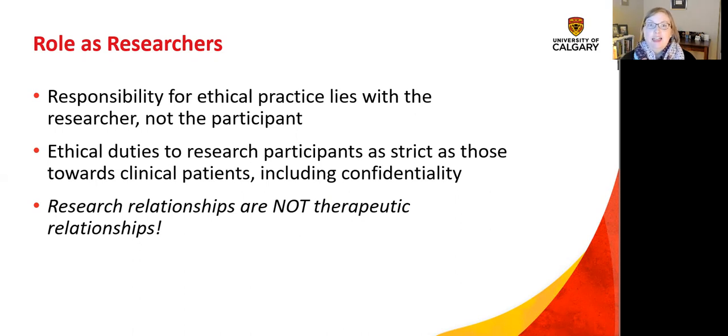I think your instinct is always to say, well, do you have enough food now? I can go to the grocery store and get some for you, or I can help you find the food bank. Do you have resources? Do you have supports? That's not the role of a researcher. That's maybe the role of a nurse, but it's not the role of a researcher.